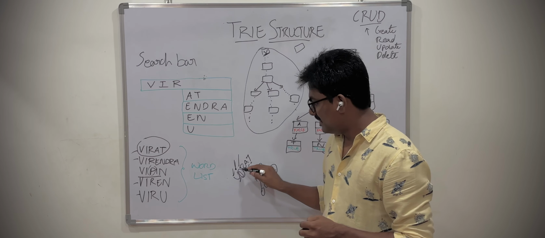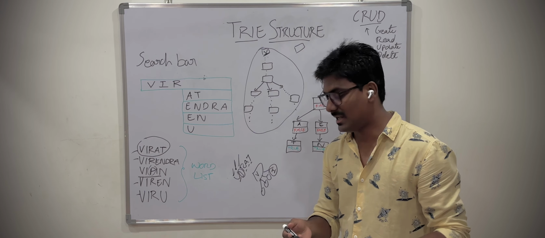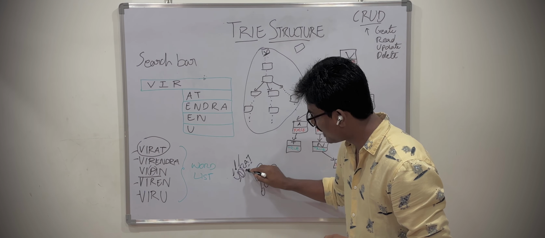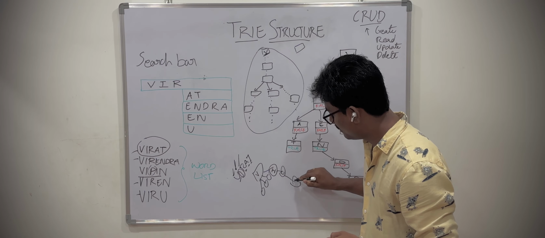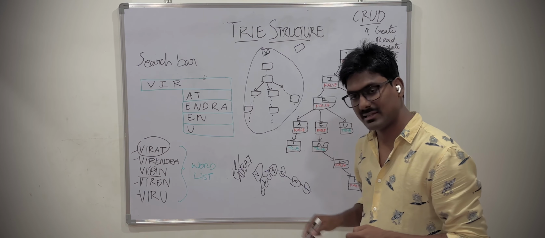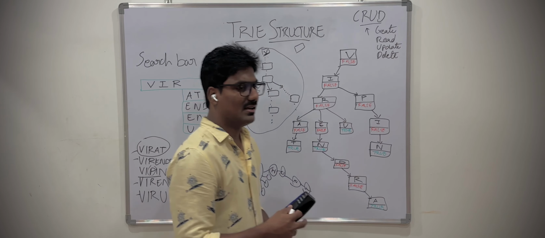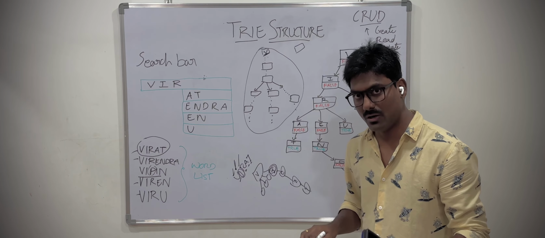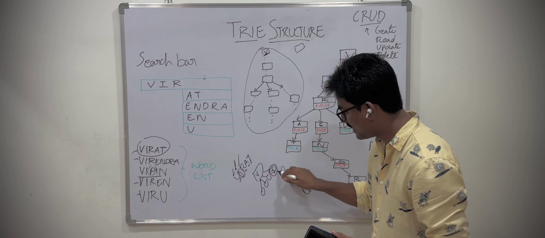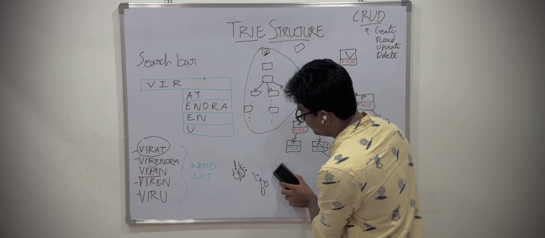Since it is a failure case, we will just enter all these characters simply, because there is no I node as of now. We will just enter all the characters as they are. That's how we do the insertion.